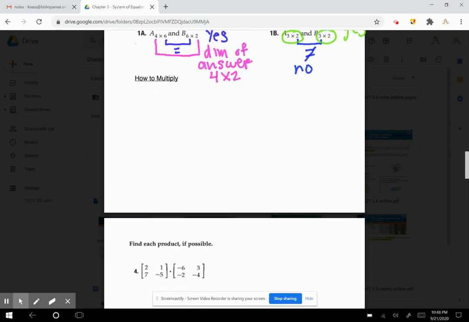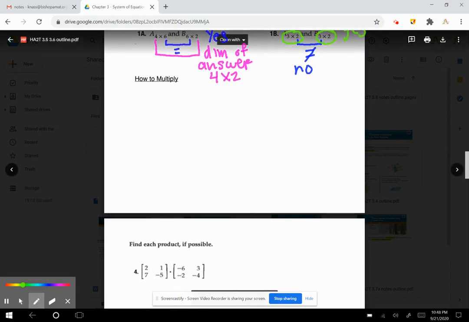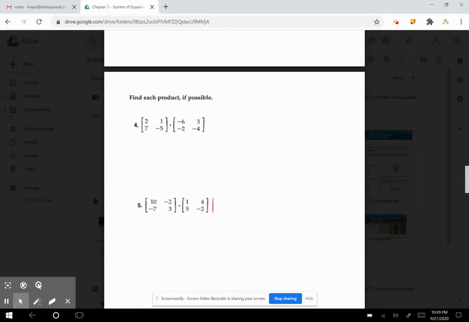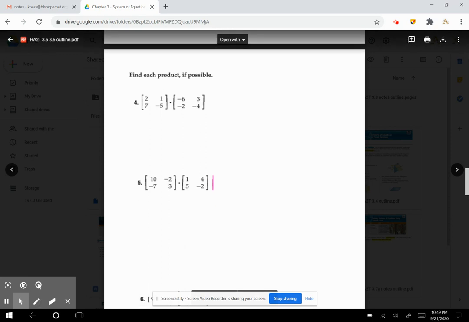Okay, so how do you multiply? Everything you multiply is going to go row by column. I'm just going to jump right into it and show you guys. Here's the first example, example 4.